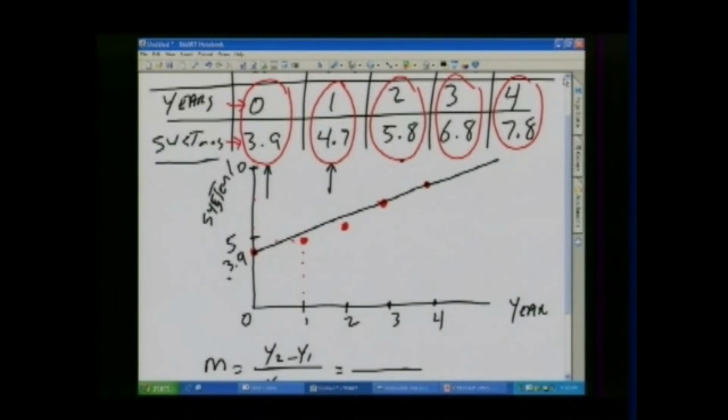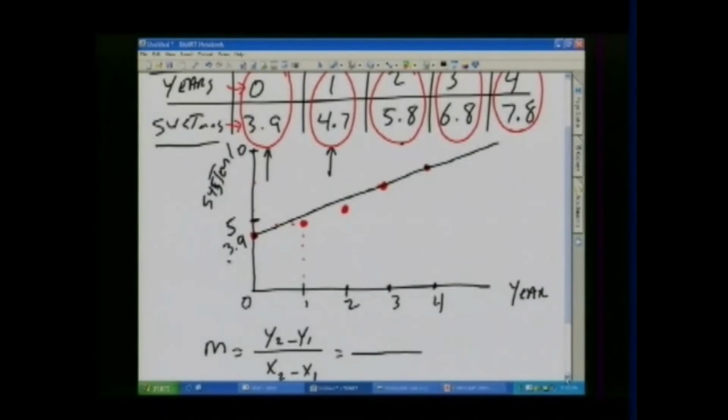So take y2 to be 4.7 minus y1, which is 3.9, divided by x2, which is 1, minus x1, which is 0. If you do this, you would get the slope to be 0.8.